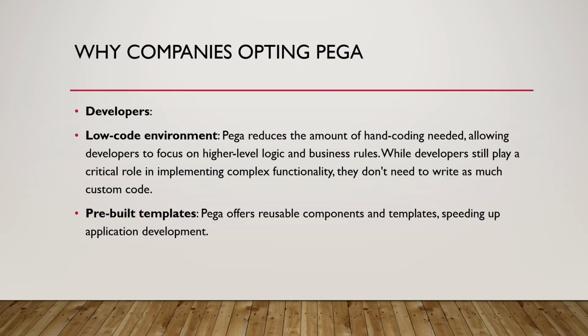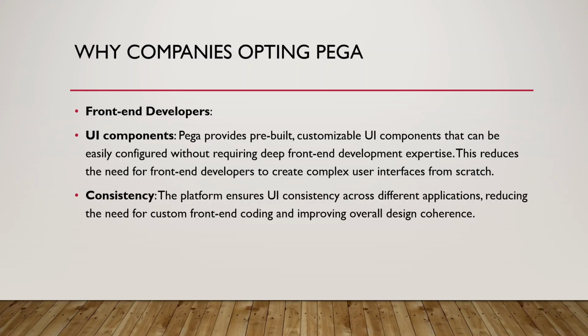Before we understand this, let's assume that whatever UI you see on the screen is developed by front-end developers. Front end is nothing but what you see on the screen, which each and every individual who learned Pega can develop.